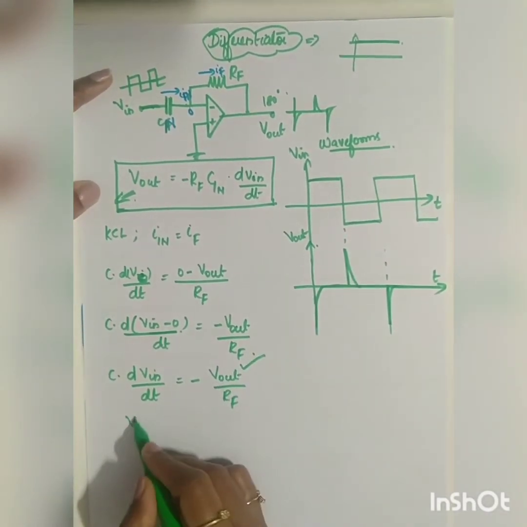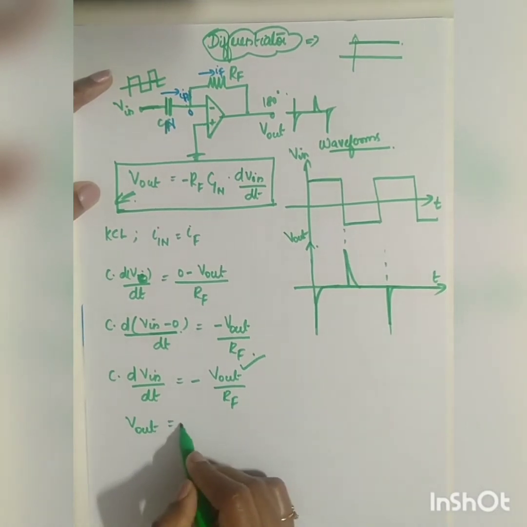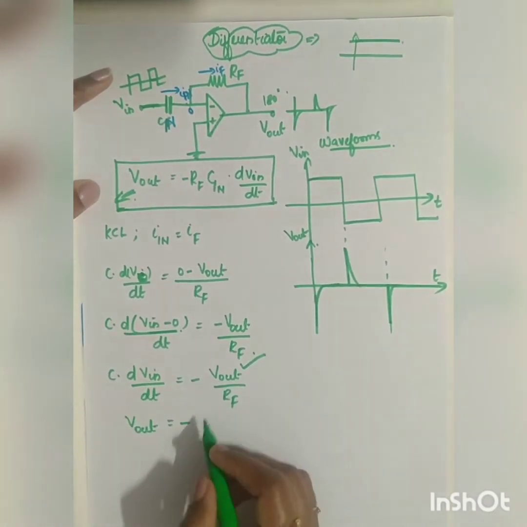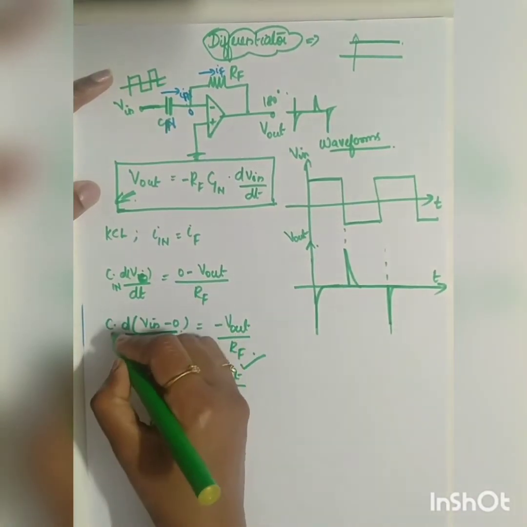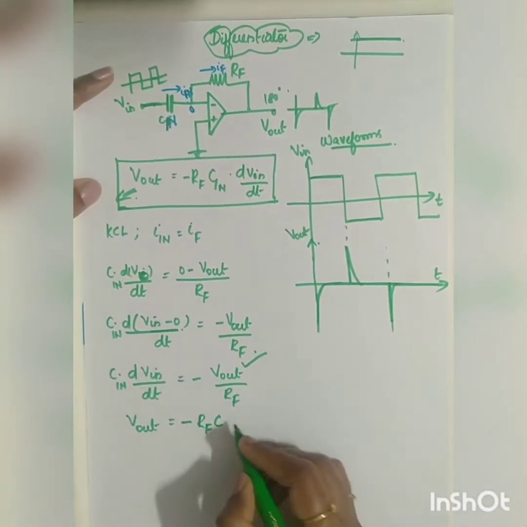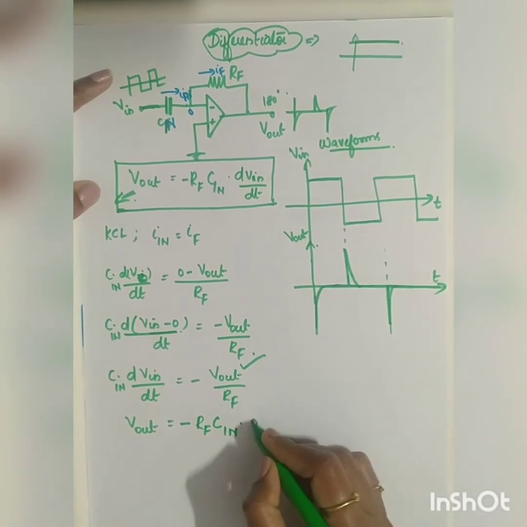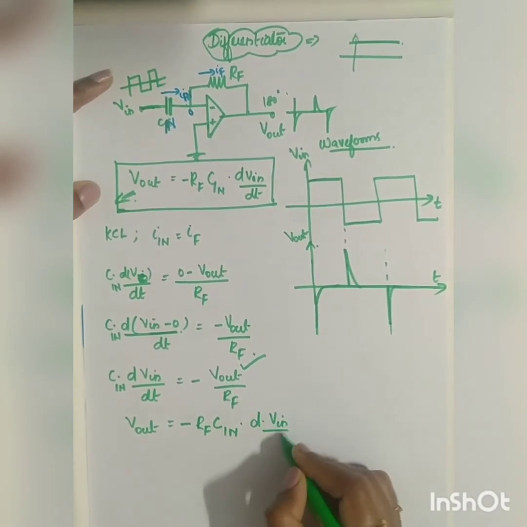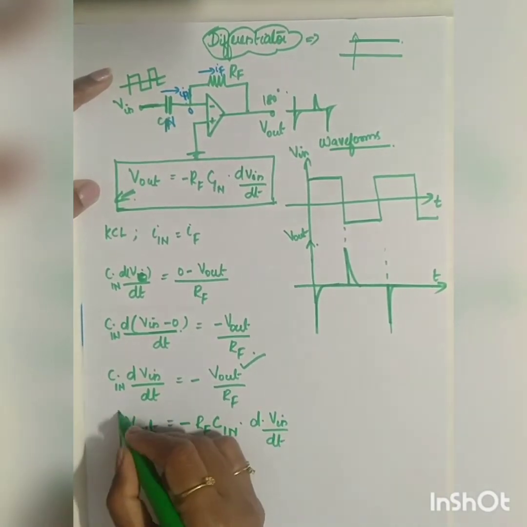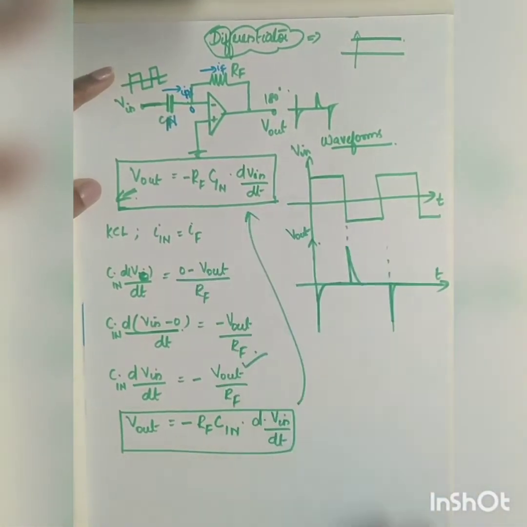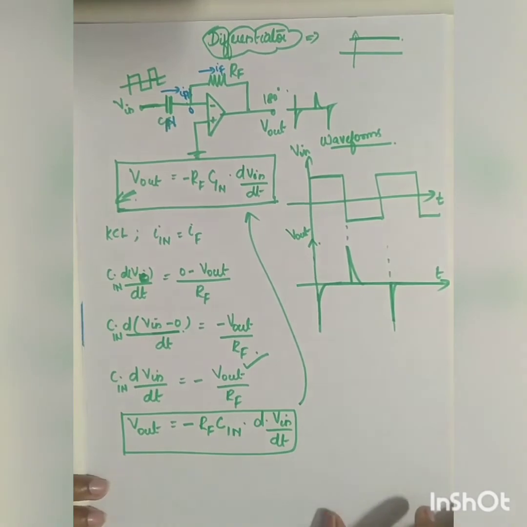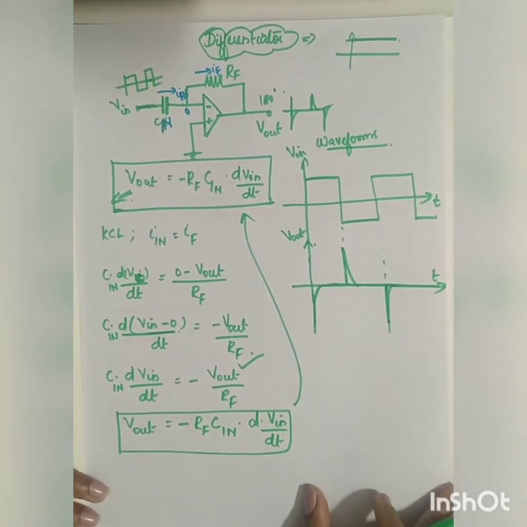Now if we find V out, V out is equal to minus RF C in into dV in divided by dt, which is the same equation I have written here. This is how you get your differentiator output.